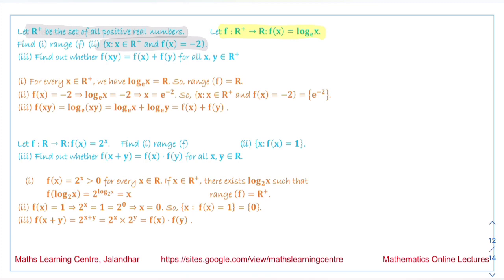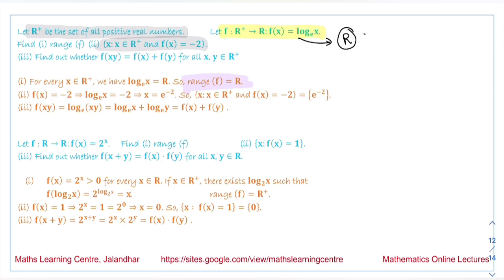So first of all, we are calculating the range of this function, and we have already seen the graph of this function log x in our previous lecture, and from that graph we know that it can attain any value in R.